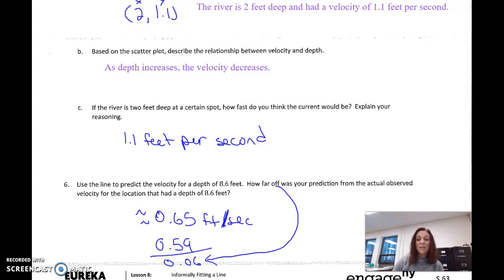Only about 0.06 feet per second. So it's really not off that far, which goes to show that using this line can be helpful for making predictions. And we can use this data to maybe drive something else that's going on. Maybe it's a safety issue, maybe we're dealing with wildlife in this situation, but the more data we have, and if we can make it useful data by doing a best fitting line, we can use it to drive whatever our goal is.